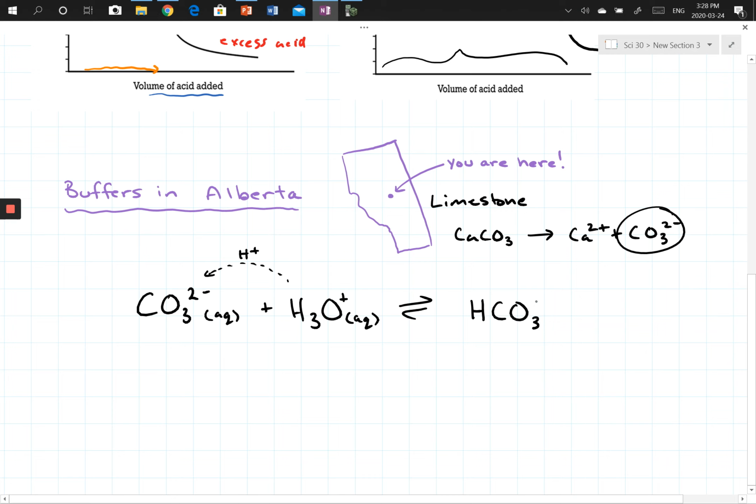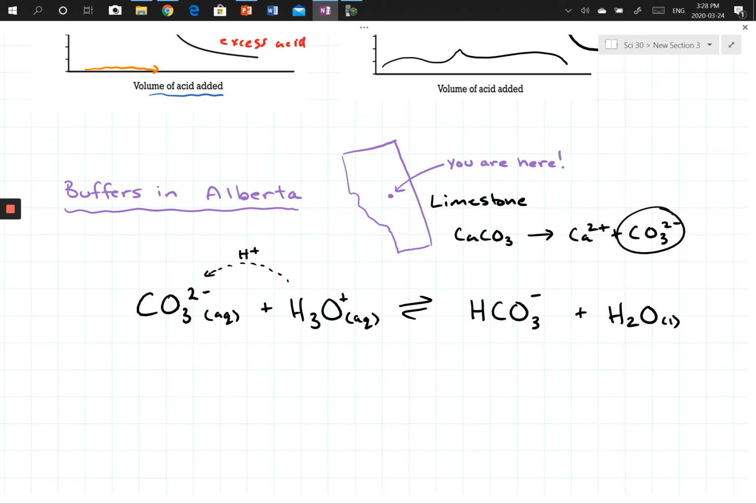We need to think back: we're balancing the charge, and we're balancing all the atoms in our equation here. So after hydronium gives up a hydrogen, it becomes water. In this case, after acid rain falls on Alberta, the carbonate ions in the soil are going to act as a buffer, and they're going to protect our ecosystem from having that drop in pH.